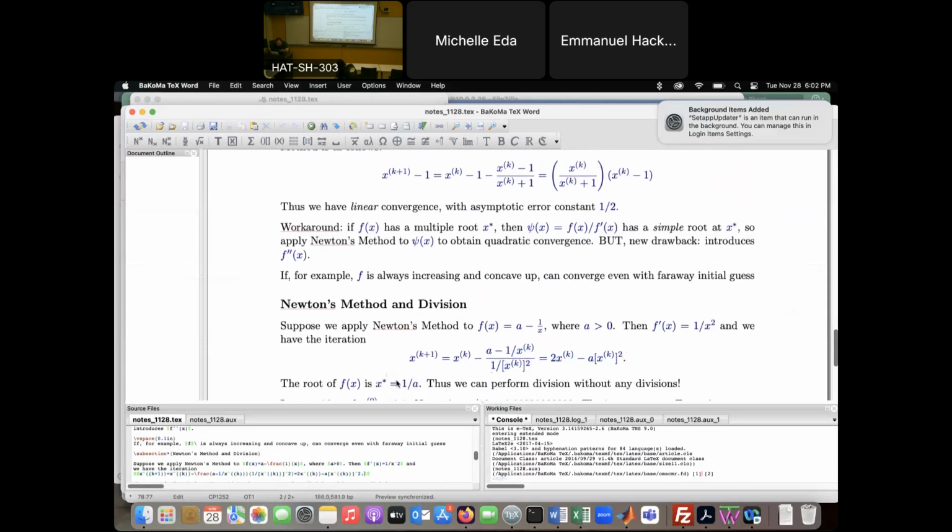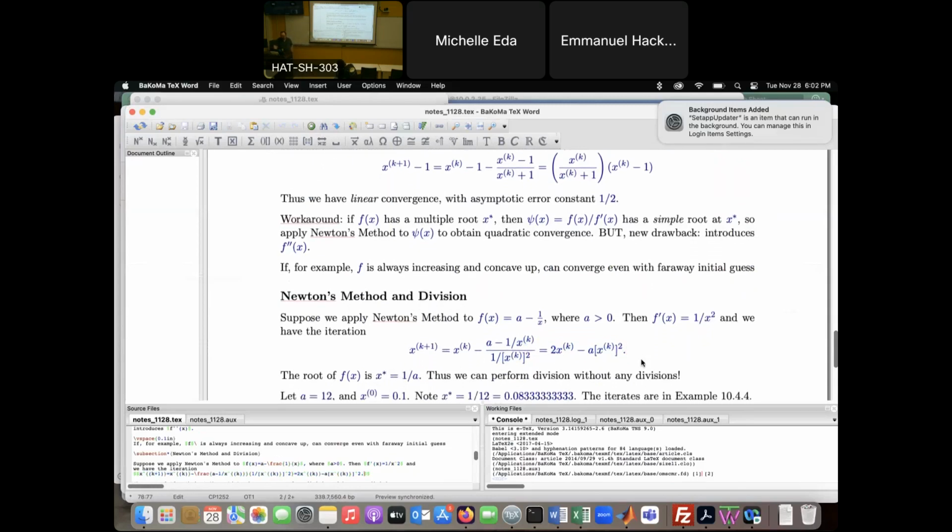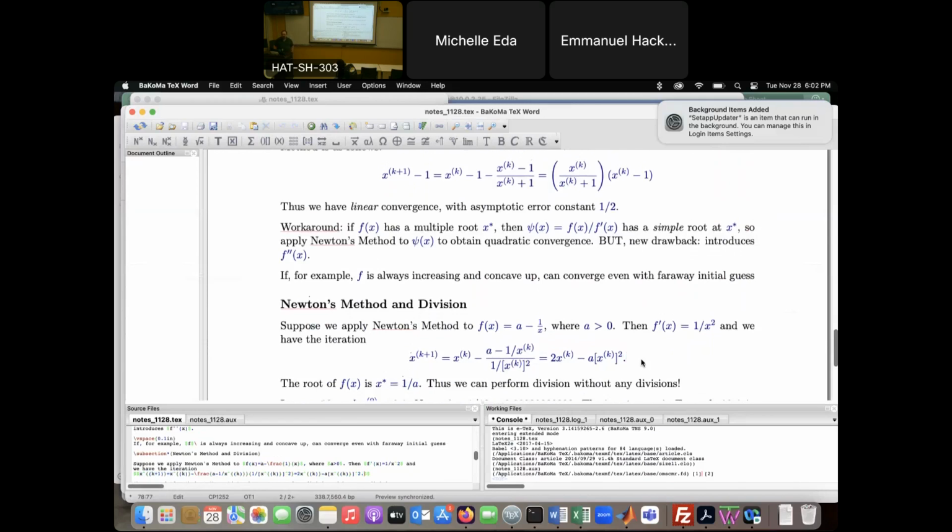And as mentioned, the root is 1 over a. So this iteration will compute 1 over a without performing a single division. So it's a way to divide without dividing. This was actually used to carry out division in hardware.